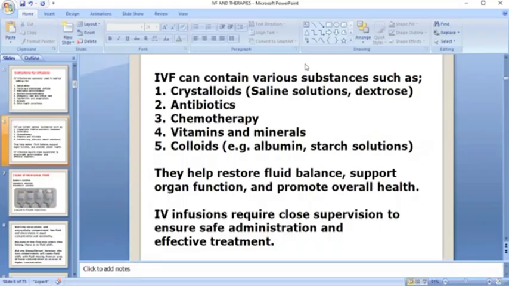So infusion helps us to restore fluid balance. It helps to support organ functioning. It also helps to promote overall health of a client. So whenever we are administering infusion, close supervision is required to ensure safe administration as well as effective treatment.